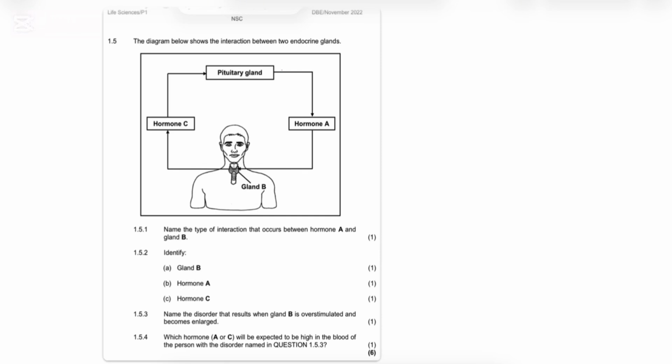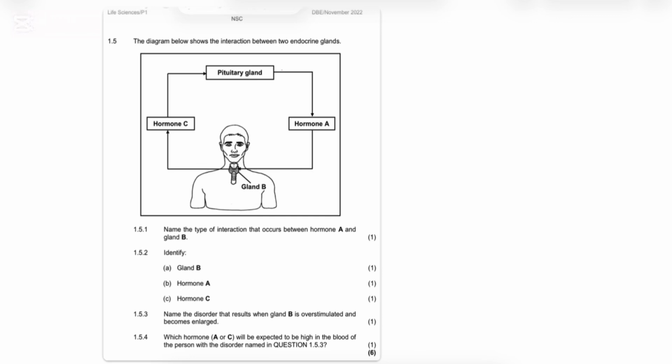In today's video, we are going to work through a very important grade 12 life sciences examination question based on homeostasis and the endocrine system. This question is only worth 6 marks, but it tests several concepts that you need to understand properly, including the pituitary gland, thyroid gland, thyroid-stimulating hormone, thyroxine, negative feedback mechanisms, and the goiter.